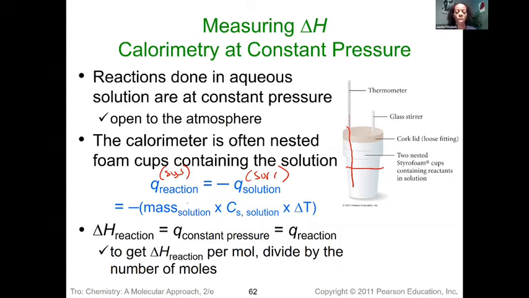A great way to remember which equation to use: bomb has only 4 letters compared to coffee cup calorimeter. So in the bomb calorimeter, you'll use the short heat equation, Q equals C cal times delta T. In the coffee cup calorimeter, you use the longer heat equation, mass times specific heat times delta T.